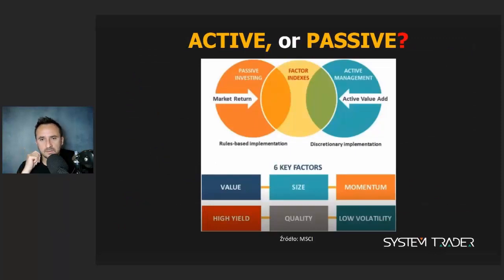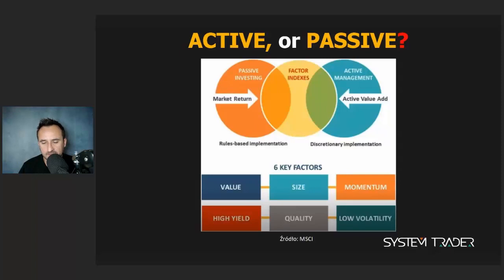And here we can see a nice picture from MSCI, which shows basically two approaches to investing: active management, what we knew before the era of index investing, and then passive investing. Once index funds were introduced, we could just passively invest in the market and capture the market return. However, in between, there is something like factor indexes.